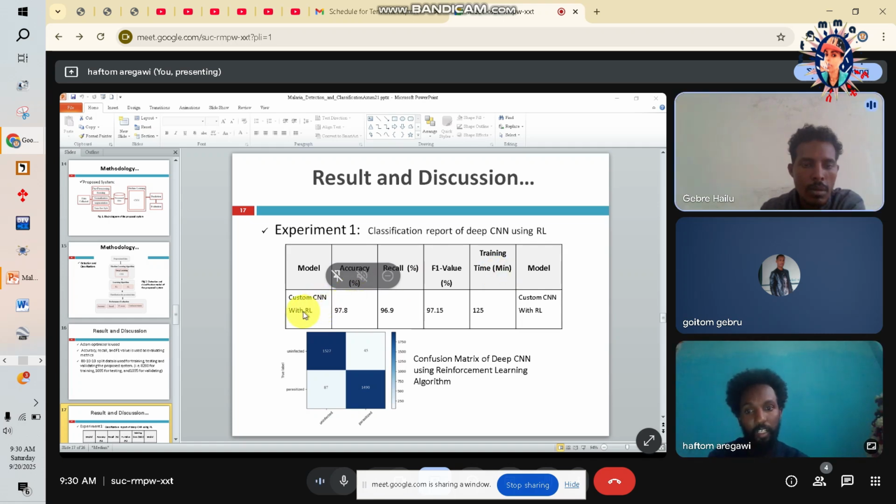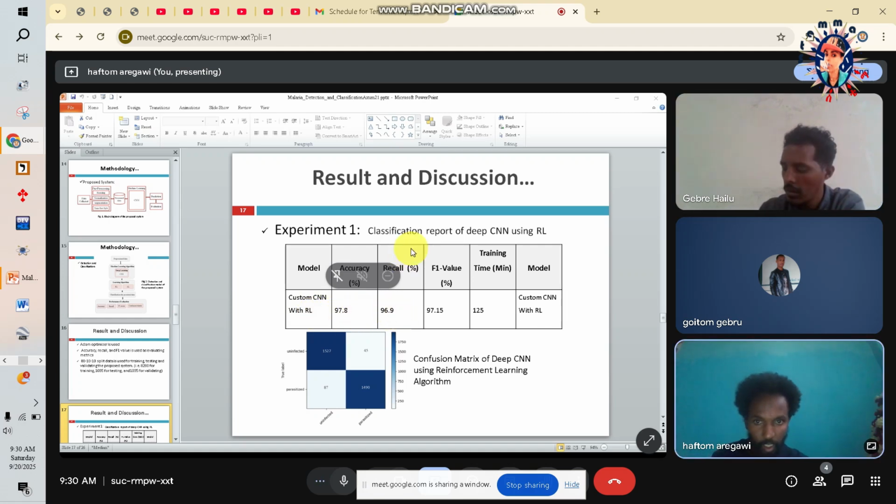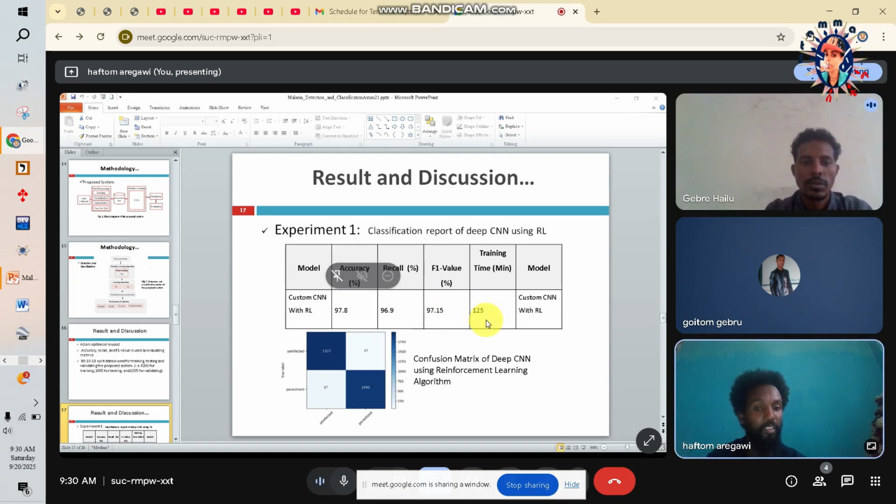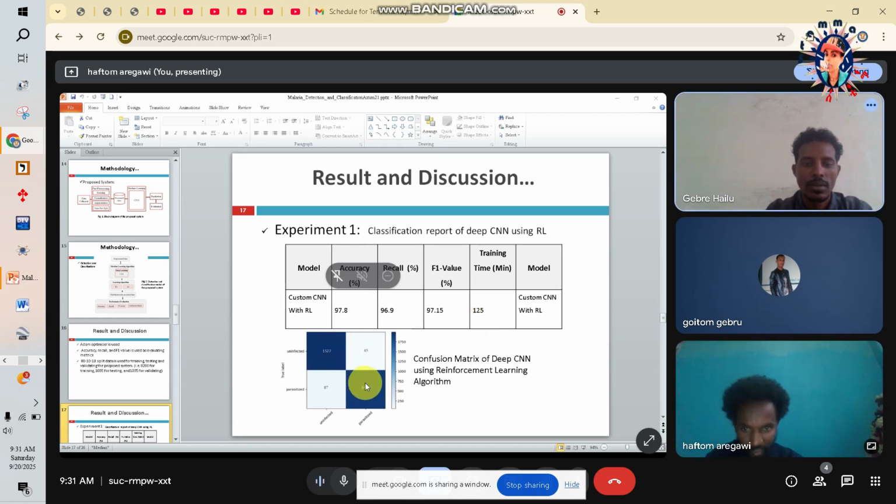When we use reinforcement learning, 97.8% accuracy is achieved, recall 96.9, but the training time is 125 minutes, around one hour and 25 minutes.